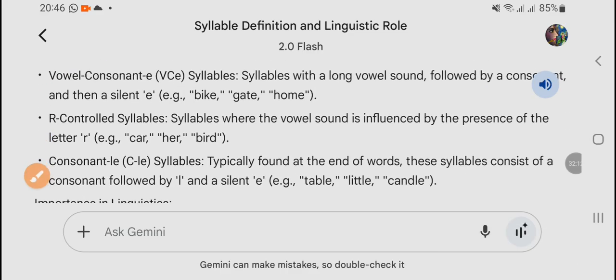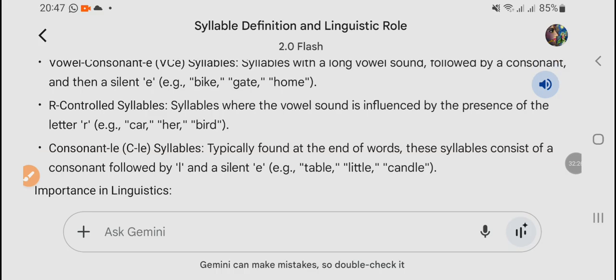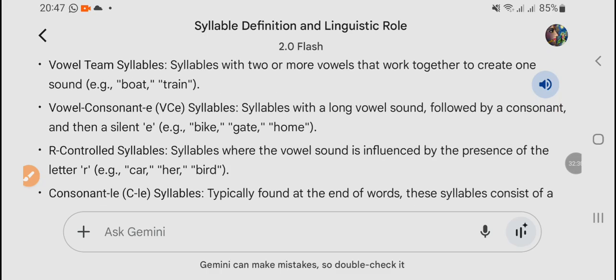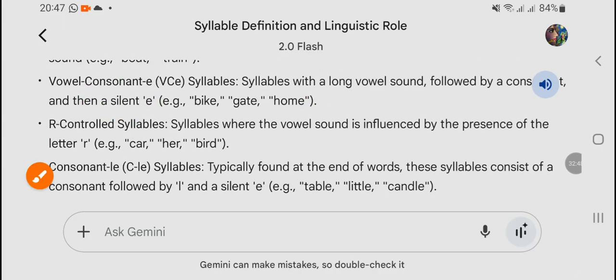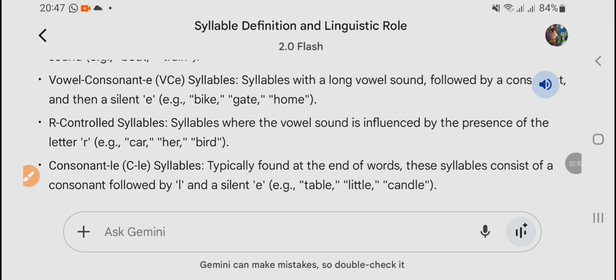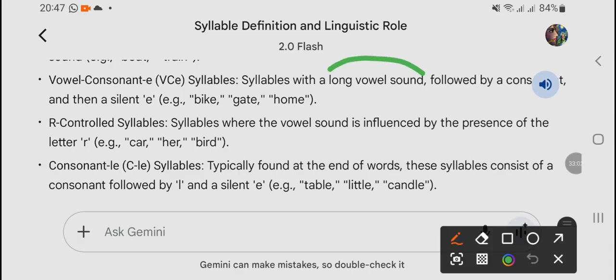Okay. Next variety is vowel consonant E. A vowel consonant E syllable means the word ends with E. Syllables with a long vowel sound, please take a note, followed by a consonant and then a silent E. Very important, silent E. In these types of syllables, the vowel has a long sound, right?